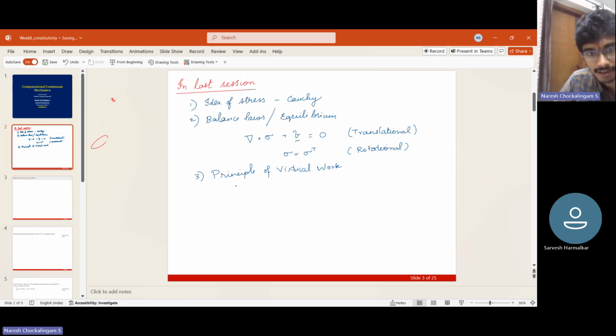It says that the virtual work done by the tractions and the body forces, integrated over the volume, is equal to the virtual stress power, which is the Cauchy stress contracted with the virtual rate of deformation tensor.